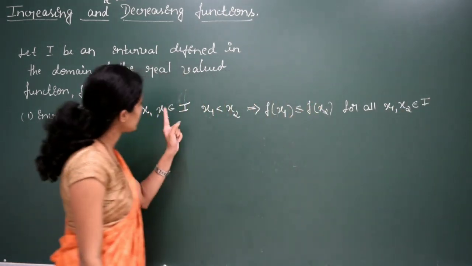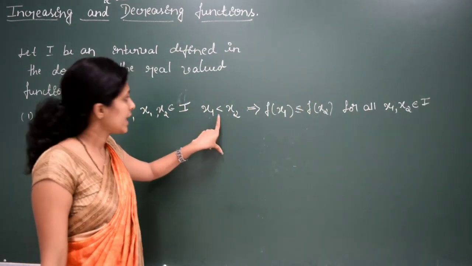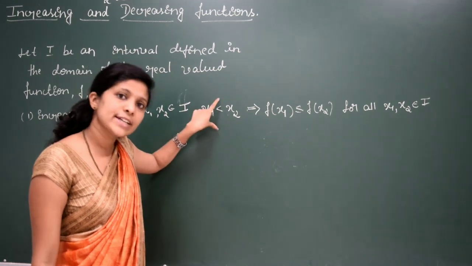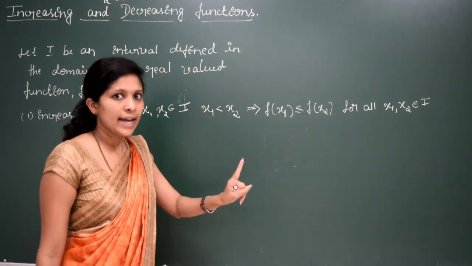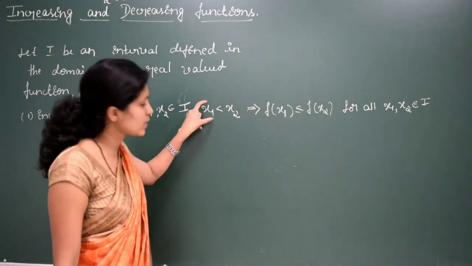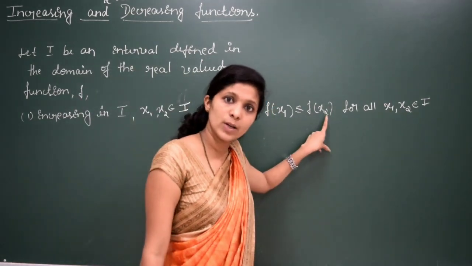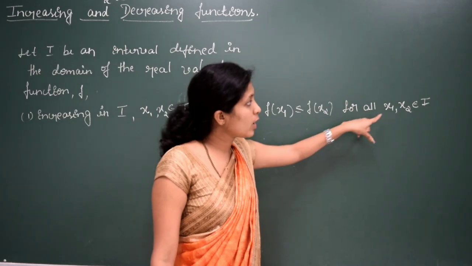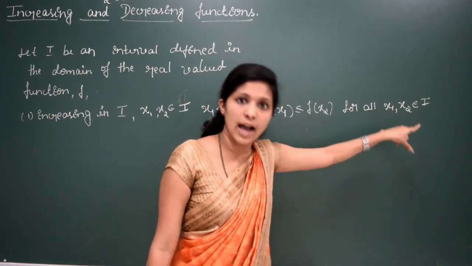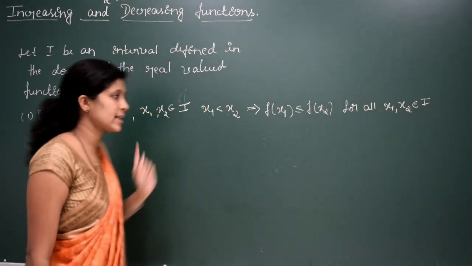Equal to is also not possible for x1 and x2, because then it will not be an interval. So x1 should be less than x2, implies f of x1 is less than or equal to f of x2 for all x1, x2 belonging to I, then the function is increasing.